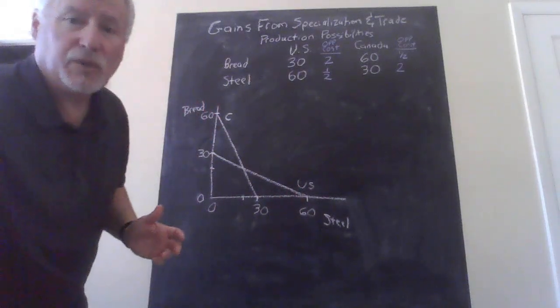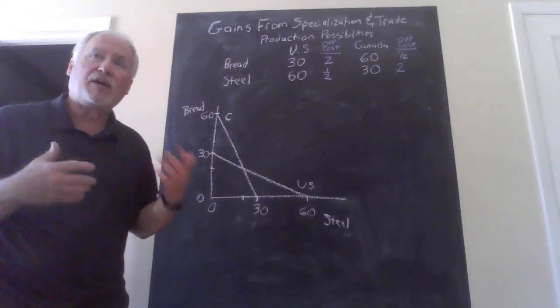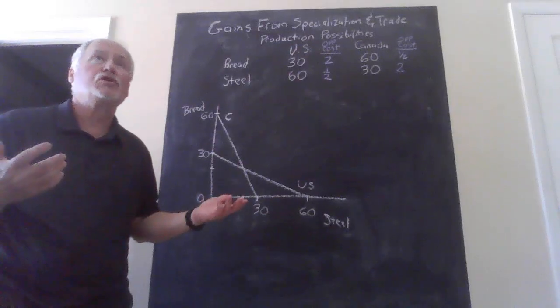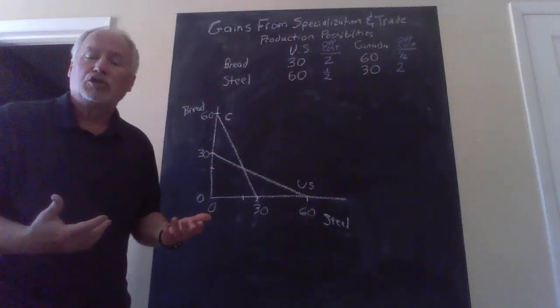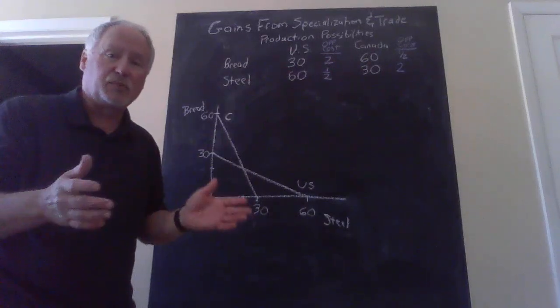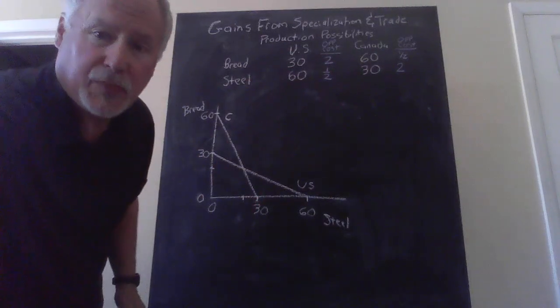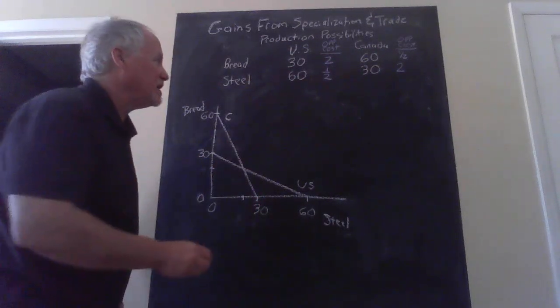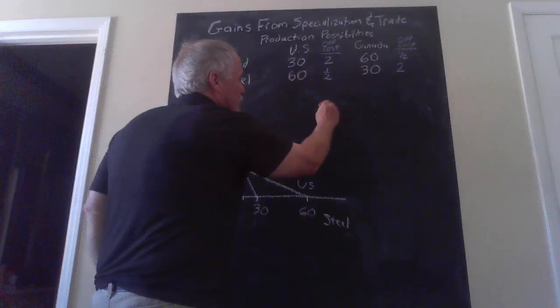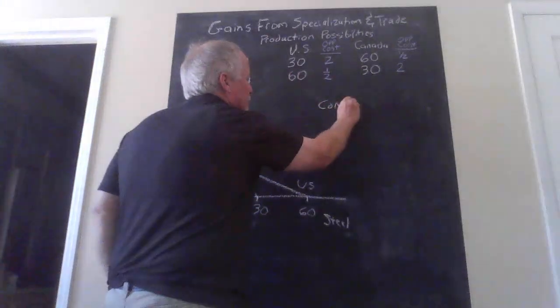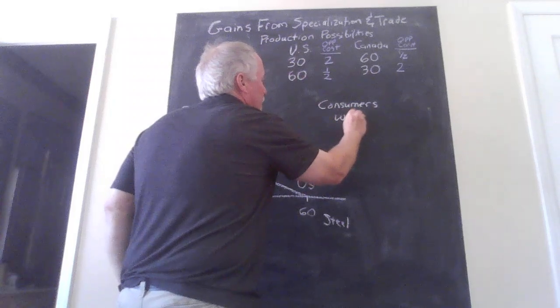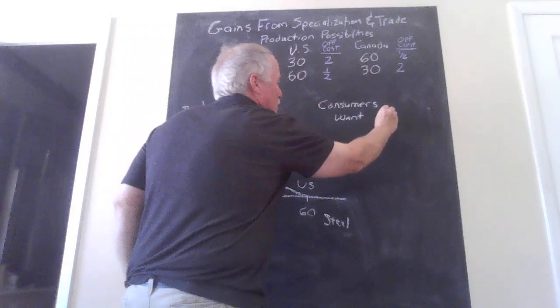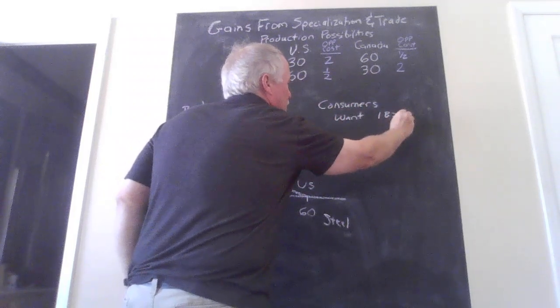Now, to show gains from trade, we have to know what each country would produce and consume in autarky. So let's just assume, because it helps to make the numbers work out, that in each country consumers want these goods in equal numbers.